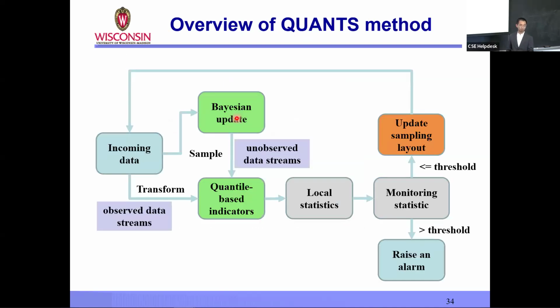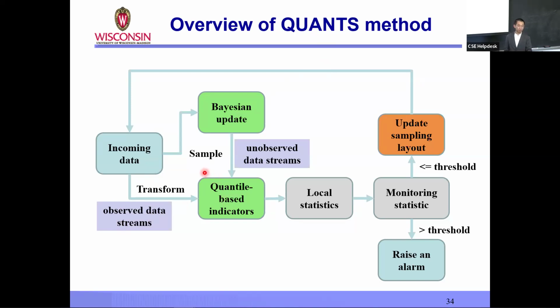Here is an overview of the method, which we call the QUANT method, a quantile-based and Thompson sampling method. To begin with, we have incoming data. If the data stream is observed, we transform it into the quantile-based indicators.